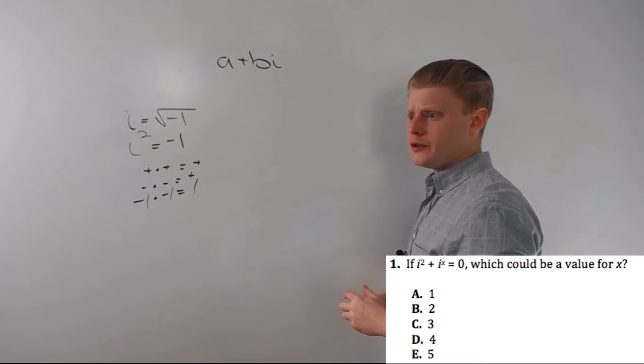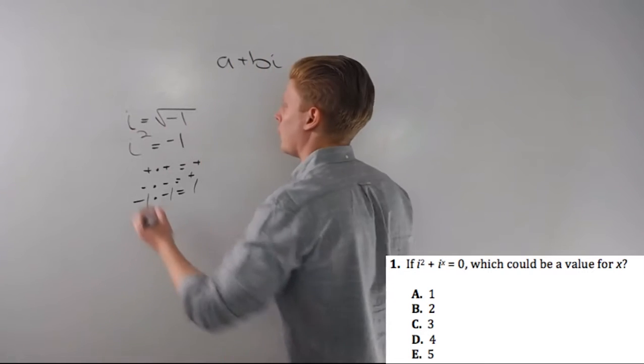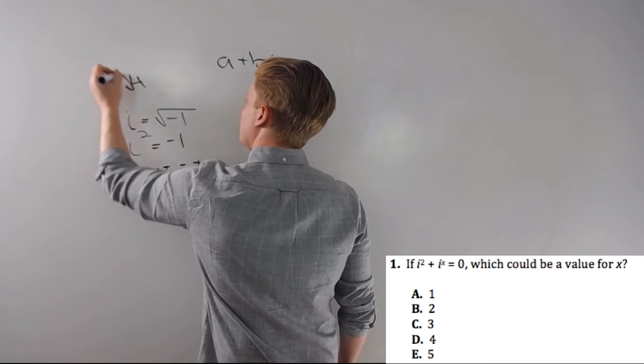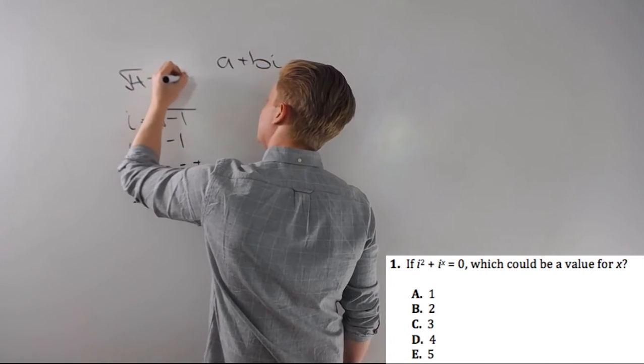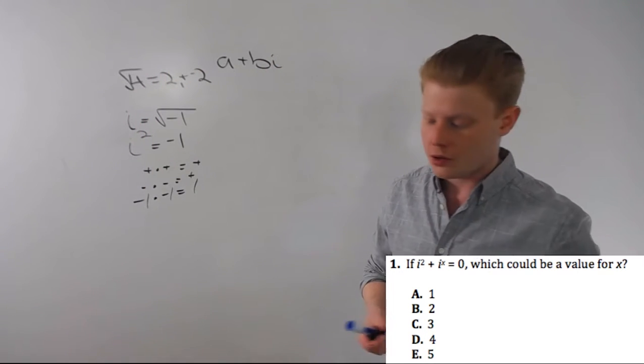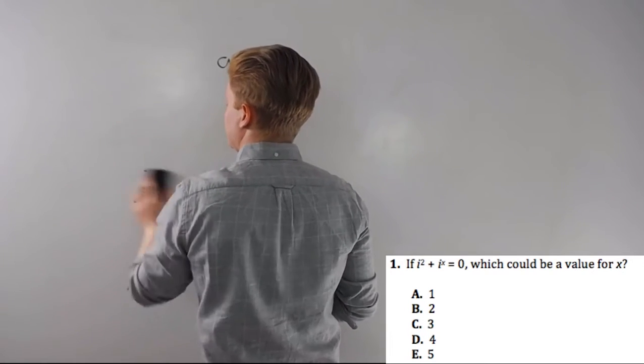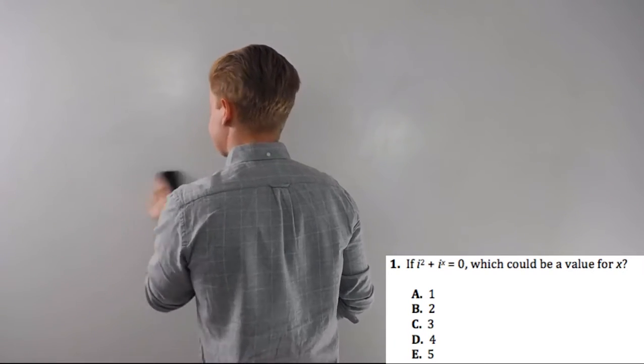All positive numbers have 2 square roots. You could say the square roots of 4 are both 2 and -2. So I allows us to get square roots of negative numbers.